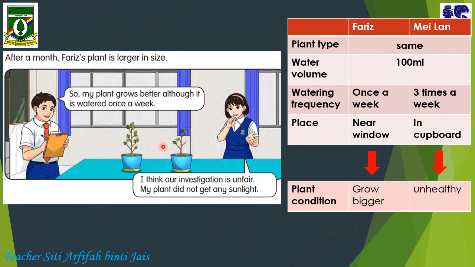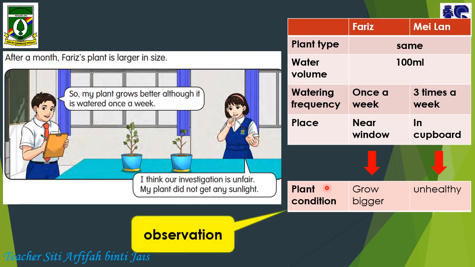Next, after a month, Faris's plant is larger in size. This means that they carry out an observation. They observe the plant condition. Faris's plant grows bigger while Melan's plant was unhealthy. So Melan says, I think our investigation is unfair.